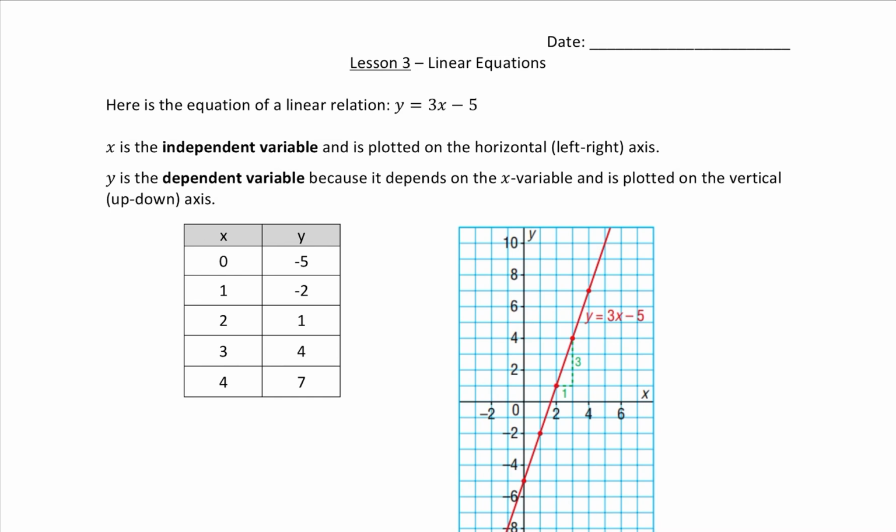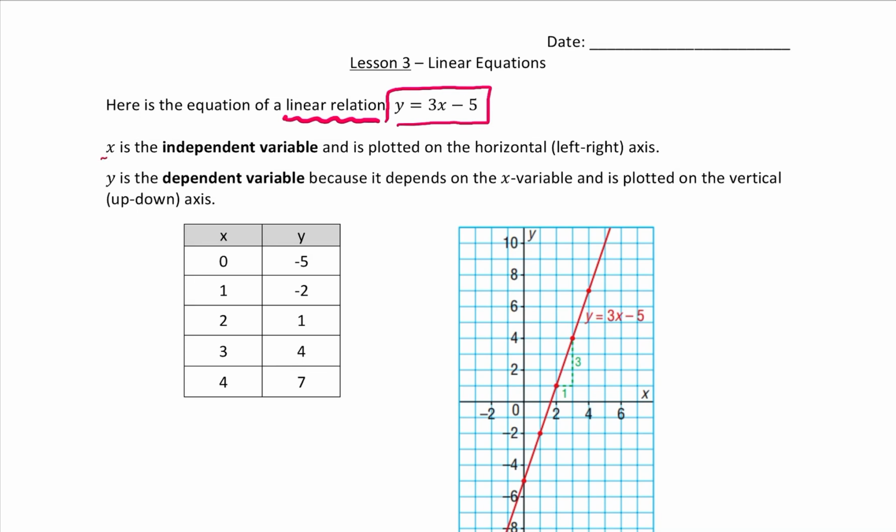An equation of a linear relation, for example, is y equals 3x minus 5. So this is the particular example that we're looking at. This is called a linear relation. In this case, x is our independent variable, and it is always plotted on the horizontal axis. Remember, the horizontal axis goes from left to right.